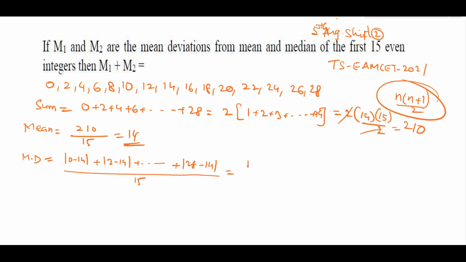That is 0 minus 14, this is 14, 2 minus 14, 12, plus the next value 10, plus up to the middle value 0, plus up to the last value 14, by 15.